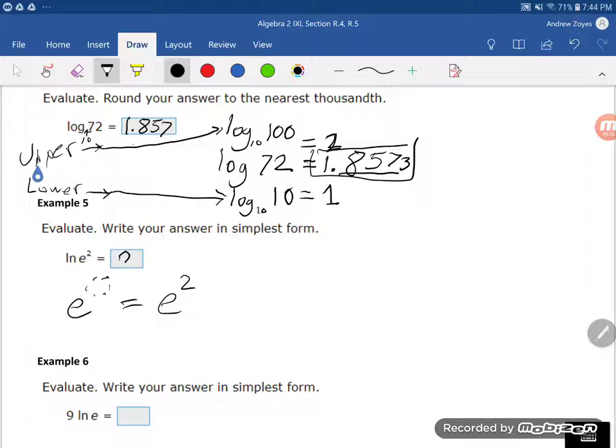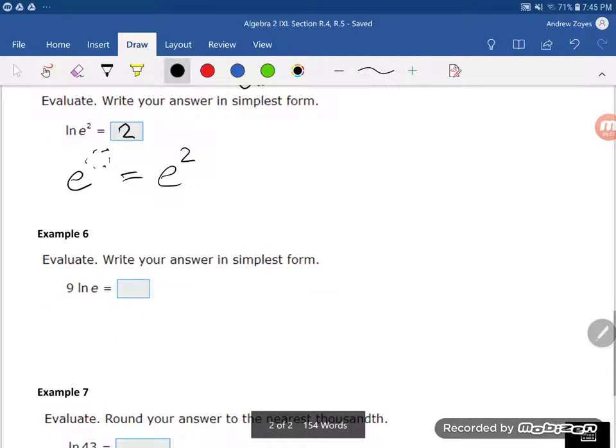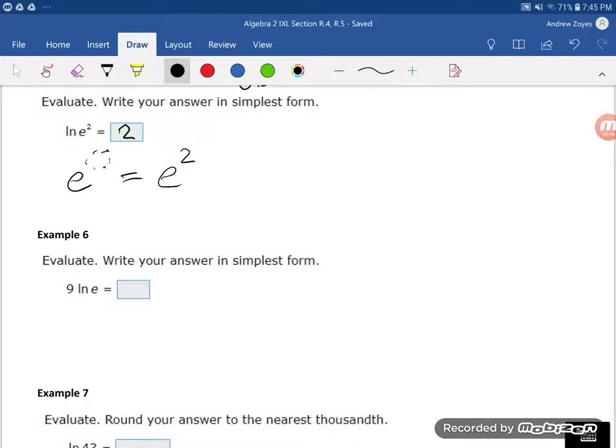Obviously, it needs to be a 2. Visually, that makes sense, e squared needs to equal e squared. So this logarithm will equal 2, and we're going to see that whenever we have a log with a base equal to the base of what's being taken of, we just get the exponent coming out of it. That's a property we can learn about later, but for right now, that one is 2.